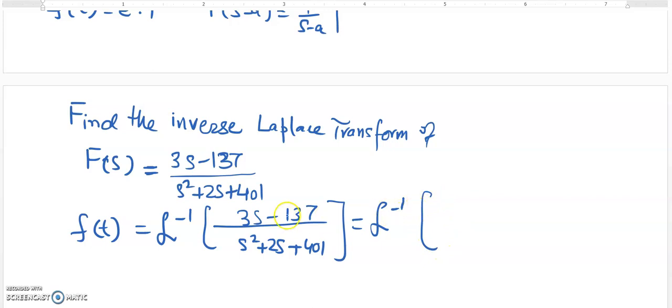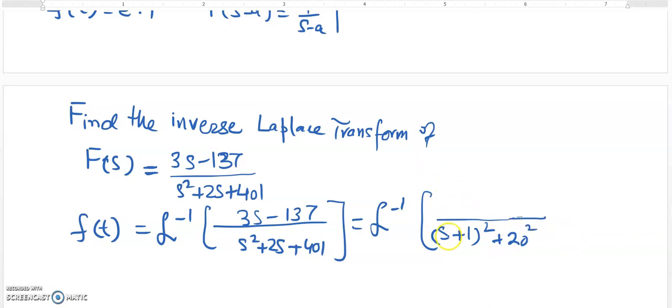So the Laplace inverse of this we can easily find. We can see that s square plus 2s plus 1 we can write as (s plus 1) square. So it will be s square plus 2s plus 1, and then we take 1 from 401, so it will be 400. And 400 is 20 square.